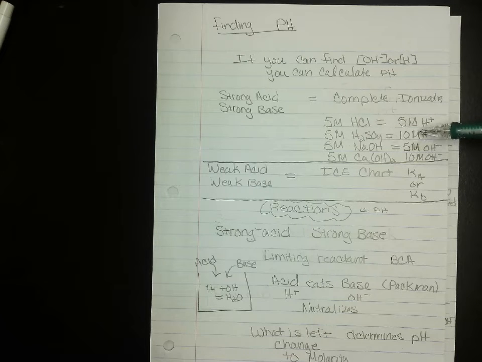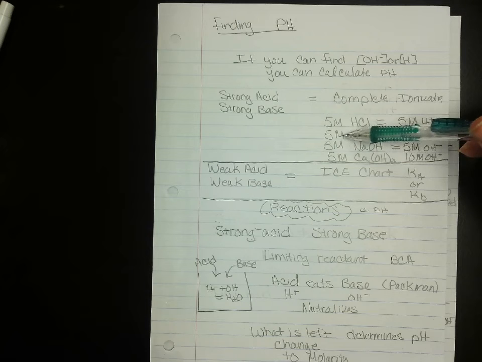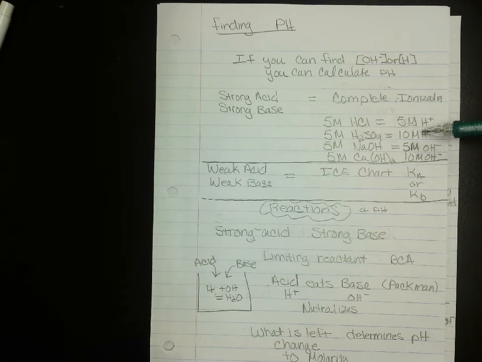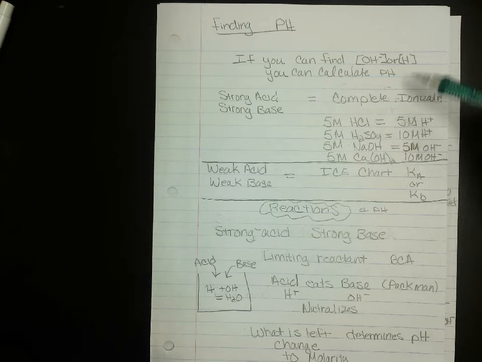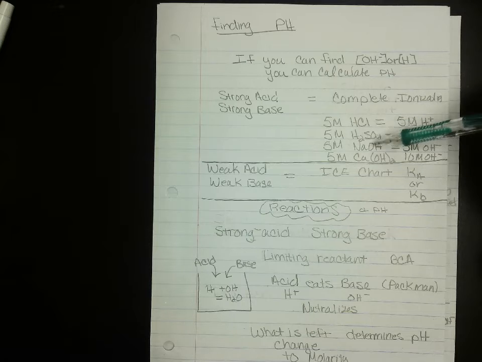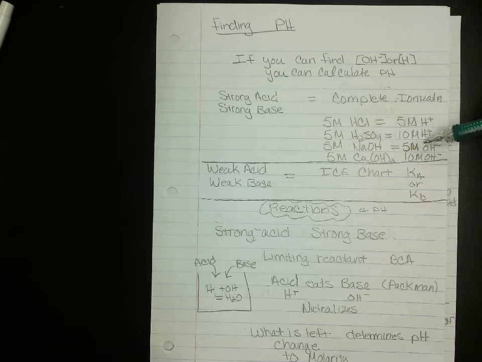But either way, you will see some keys that do an ice chart here, okay? And really, that's just how this breaks apart into water, and it will break apart into 2 H plus ions. So if I have a 5 molar solution of sulfuric acid, my molarity for my H plus ion is 10 molar because there's 2 H's, one for each. So same with sodium hydroxide. What's my concentration of my hydroxide ions?